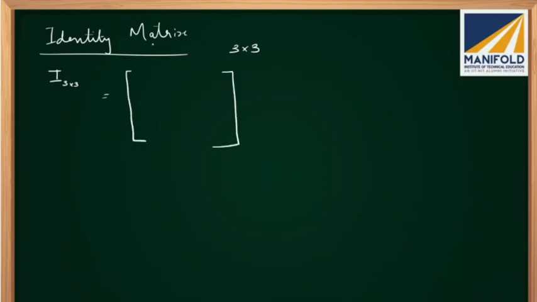The peculiarity of identity matrices is that only the diagonal elements are present as ones. All other elements will be zeros. This is a very special matrix in linear algebra, because this is one matrix which will not make any changes to other matrices when we operate it as a multiplication.